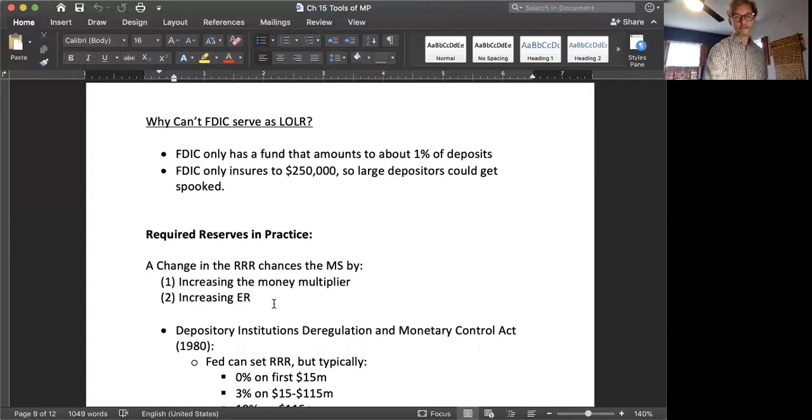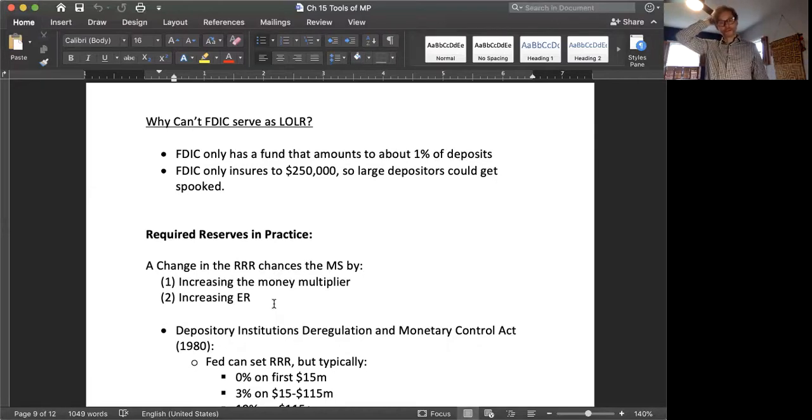Some people have said, well, why doesn't the Federal Deposit Insurance Corporation serve as a lender of last resort? Why do we need a central bank to do this? And quite simply, the fact is that the FDIC is not nearly big enough. They have a fund that only amounts to about 1% of all deposits. So it's not nearly big enough to support the massive amount of deposits that exist out there.